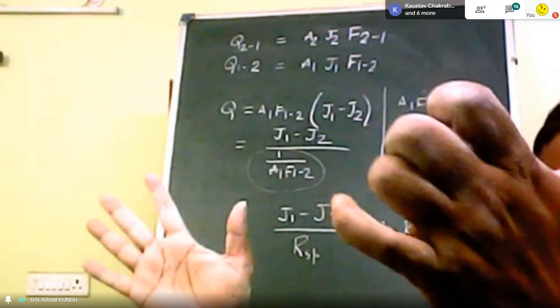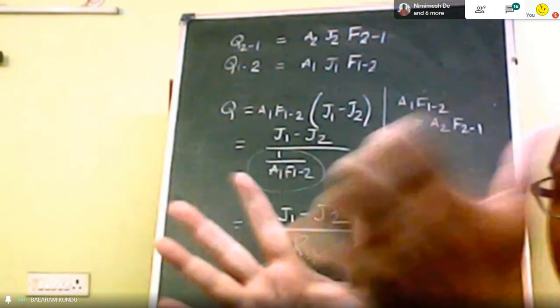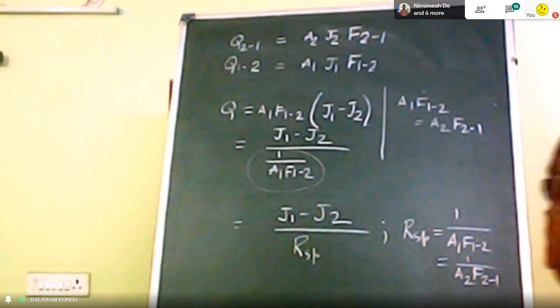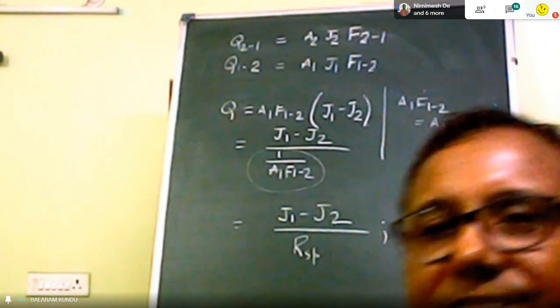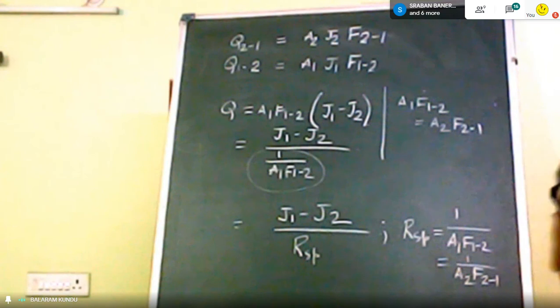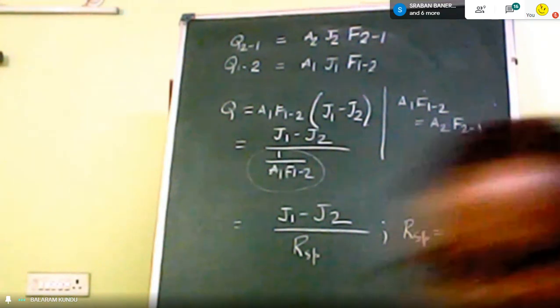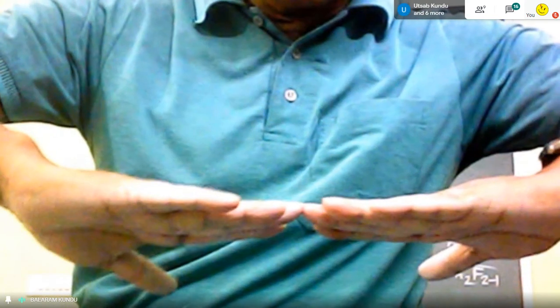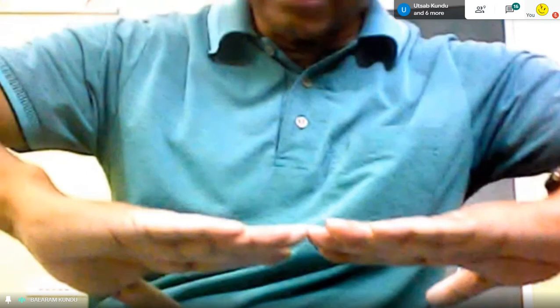It depends on how these two surfaces see each other. Suppose you see this is one surface, and this is another surface like this. They do not see each other.